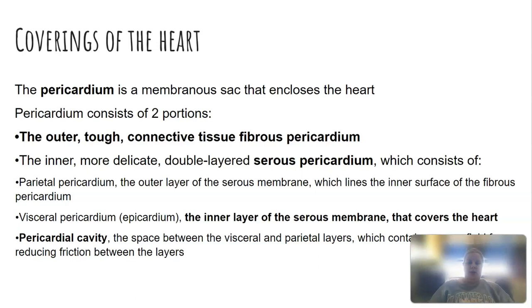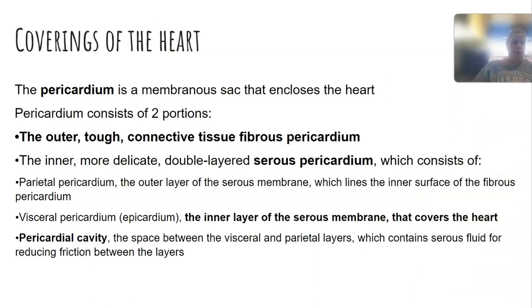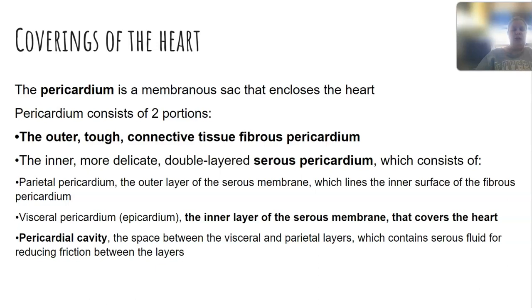Then you have a pericardial cavity, the space between the visceral and parietal layers, which contains serous fluid for reducing friction between each layer.